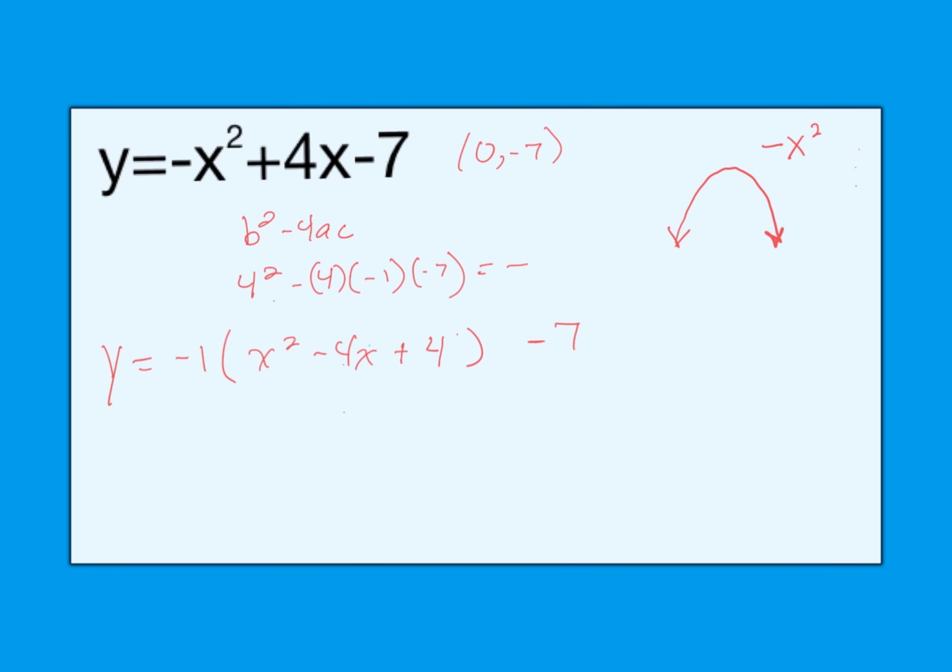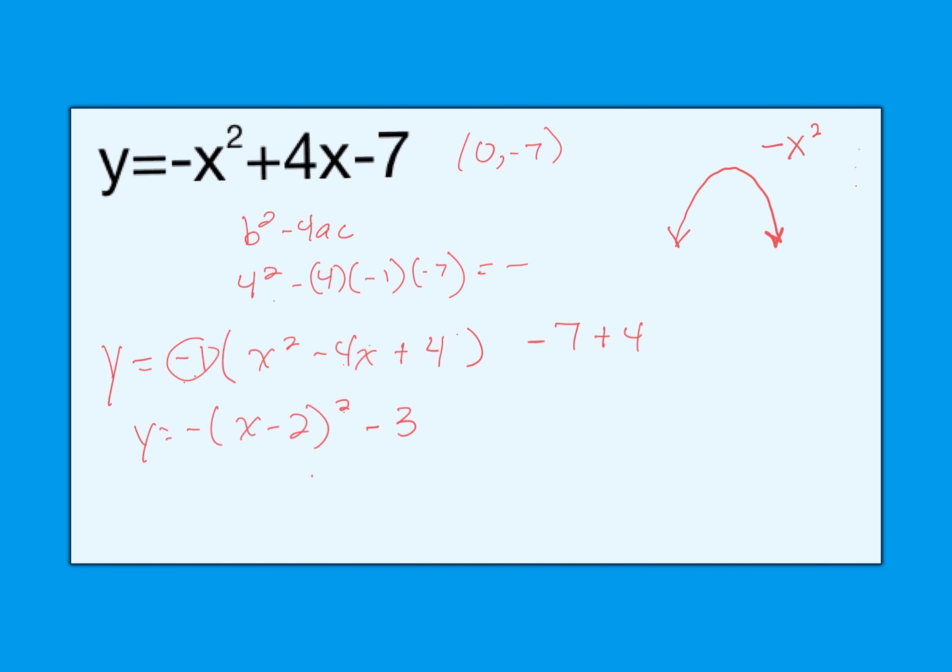Now, what we did here though is it's really a negative 4 with that negative. So what we have to do is add it. A times b divided by 2 squared, because we really subtracted a 4. There's a negative 4 because there's a negative 1 outside. So that's going to be y equal to negative x minus 2 squared minus 3.